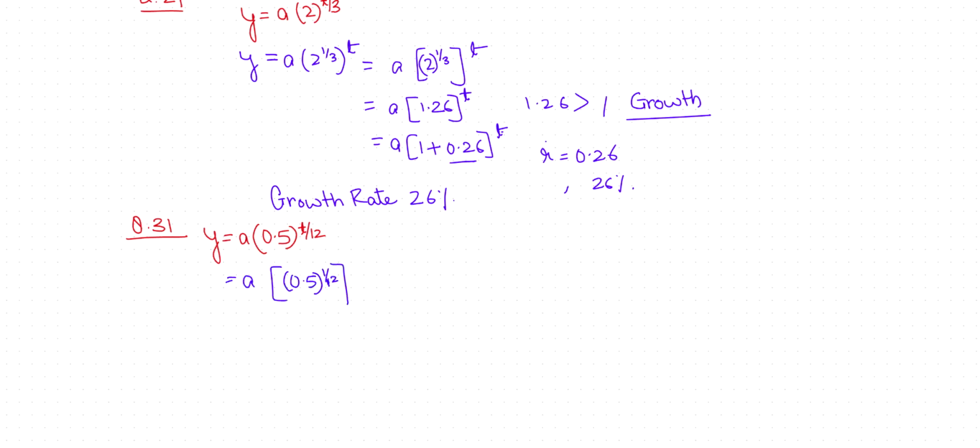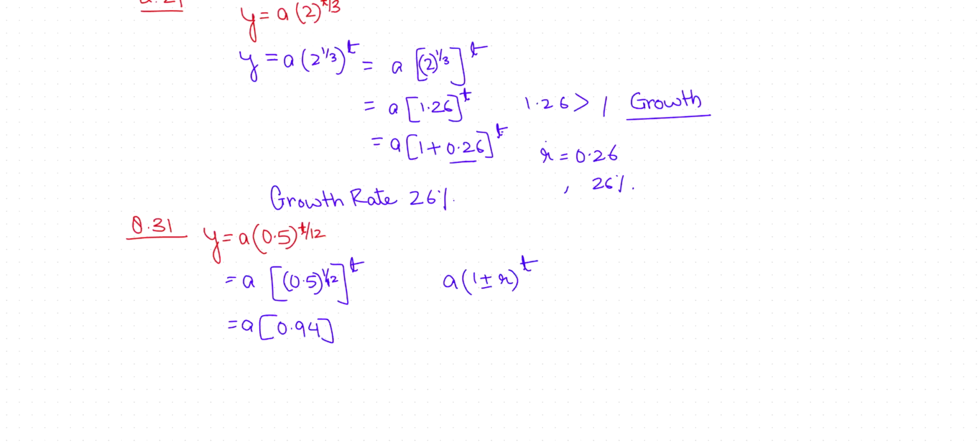We do this because we have to match the form 1 plus or minus r raised to power t. Now we have to find 0.5 raised to power 1 by 12. This gives 0.94 raised to power t.